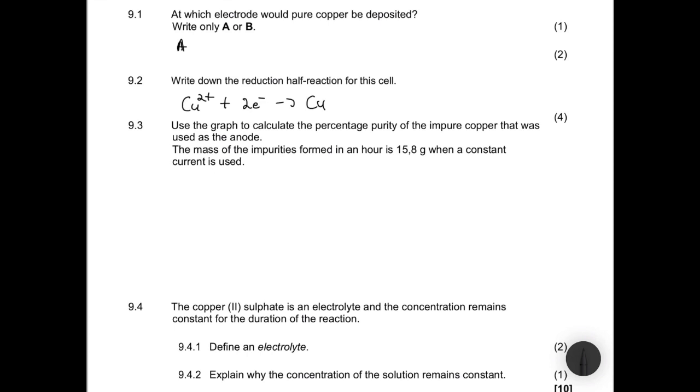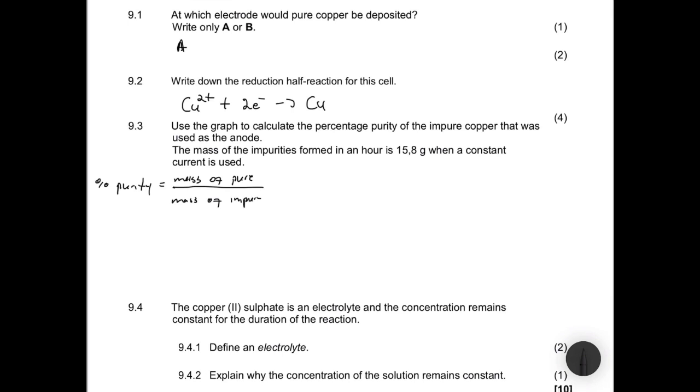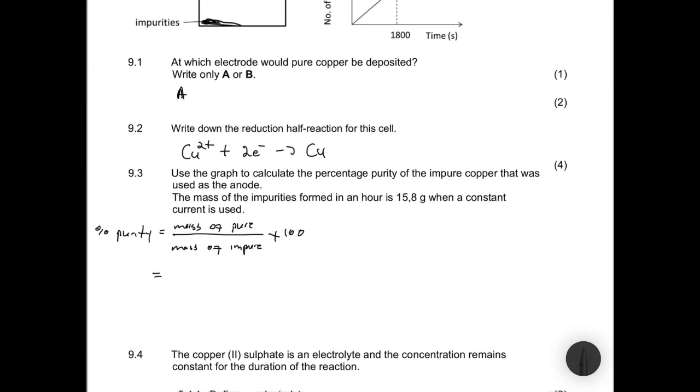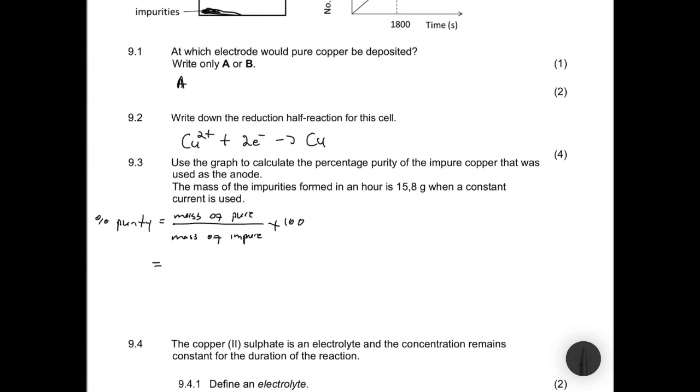Right, now let's go back to the basics. We have percentage purity, right? Percentage purity is the mass of pure sample divided by the mass of the impure sample, multiplied by 100. But in this question, it's not really that clear, so we have to break it down, right? The mass of the pure sample will be the mass deposited at the cathode, right?